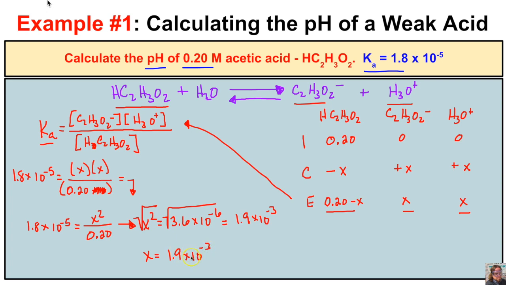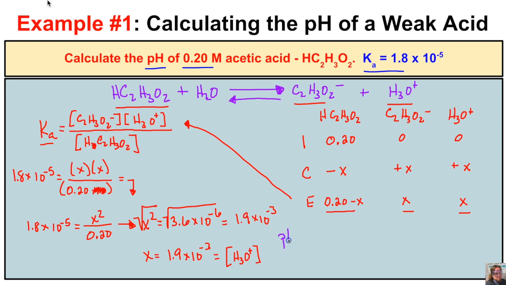This is not our final answer. This is just the concentration of our H3O plus ions. So this is going to equal the concentration of our H3O plus ions that have dissociated into the water. However, the question is asking for the pH. So in our final step, what we now need to do is figure out the pH of the solution.